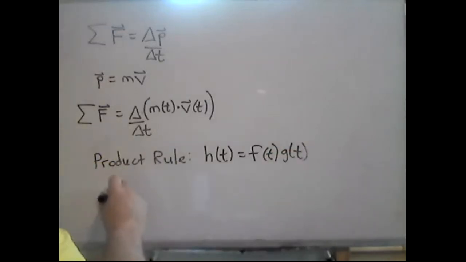And I want to take the time rate of change of h of t with respect to the independent variable. My independent variable this time is t, but it doesn't have to be.